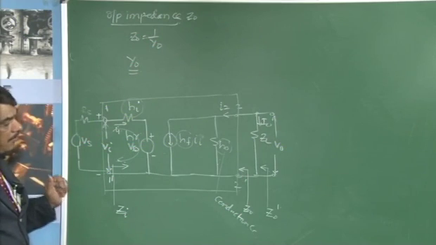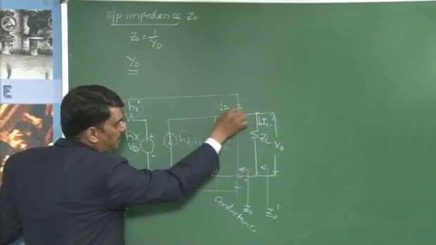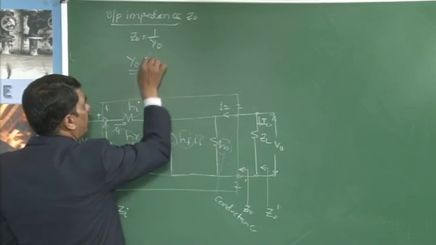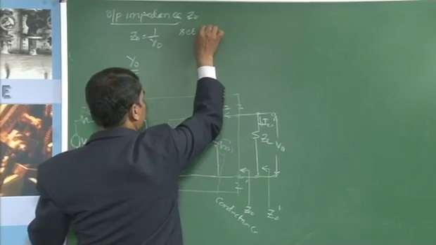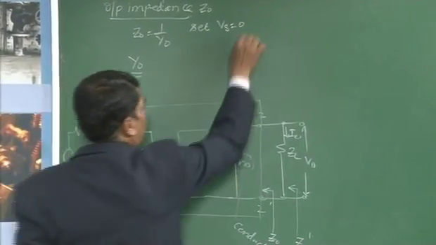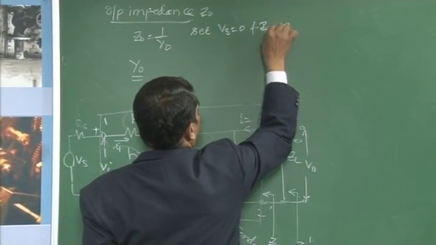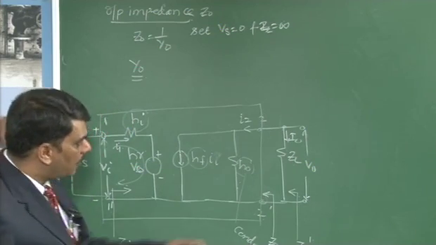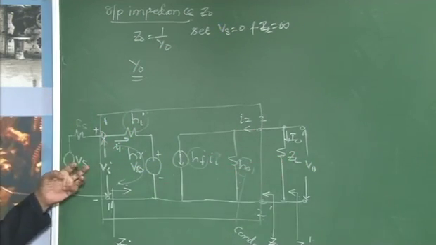When finding the output admittance, we look into the terminals 2, 2 dash. To find the output impedance, you have to set two conditions. One is Vs is equal to 0, the source voltage, and ZL is equal to infinity. This means you have to open circuit the load and short circuit the source.